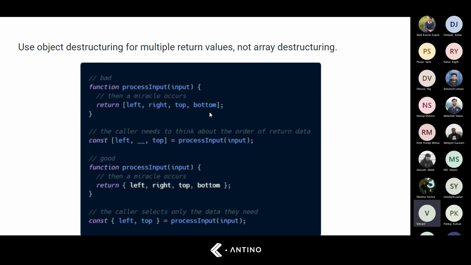So, in this case, we should use object destructuring when it comes to returning multiple values instead of array destructuring, because the user will end up being confused.